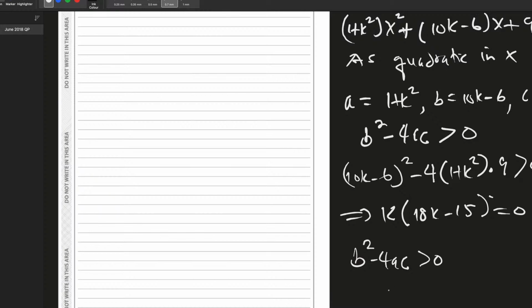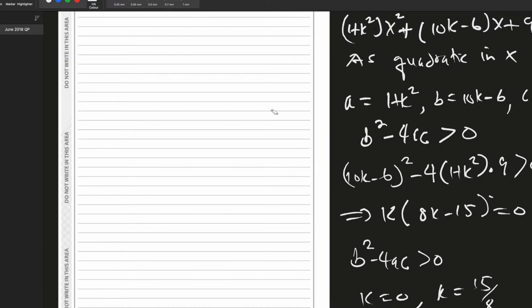Then it implies that k is equal to 0 and k is equal to what? 15 over 8. Sorry, it's 8k. Why do I write fast sometimes? So 8k.